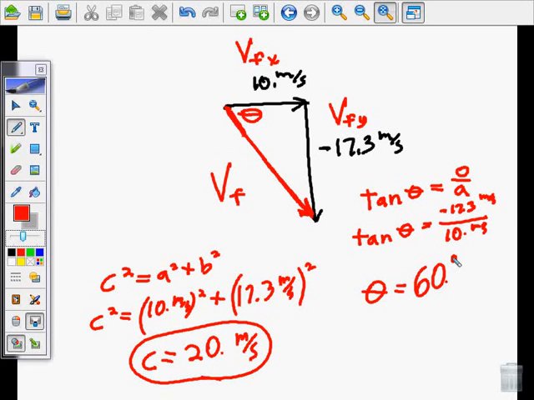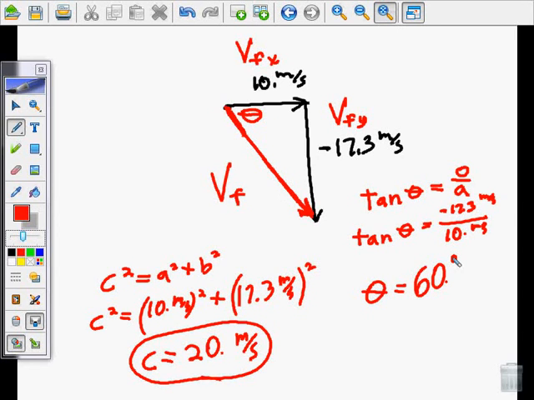But you do not want to say 60 degrees south of east because it's a horizontal; you have no idea what direction south would be. This way might be south, and that way north. So if this way is east, it's like 60 degrees down of east.